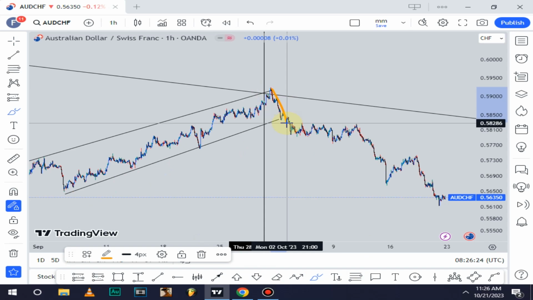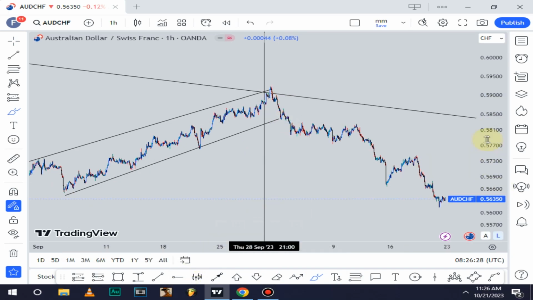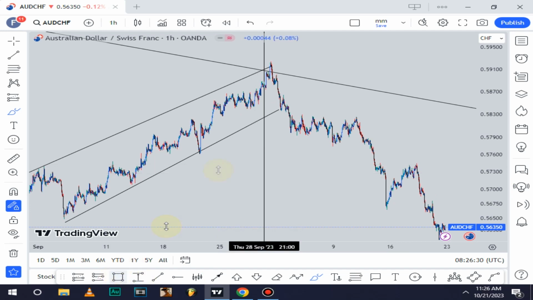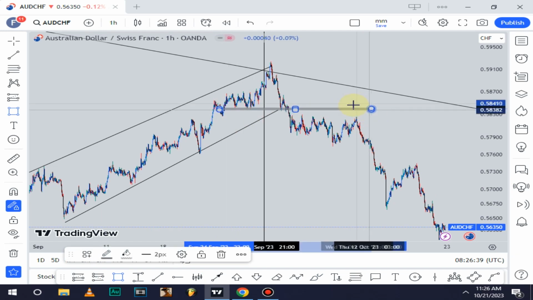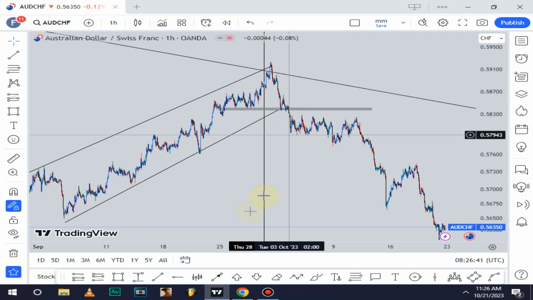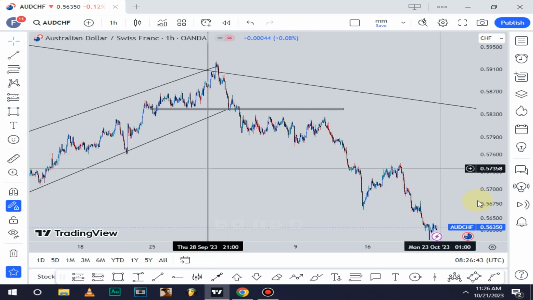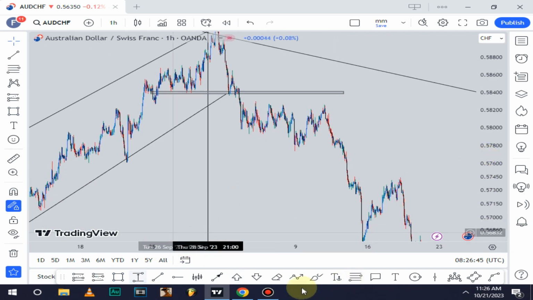Price did this. The moment I saw that happening, I started looking for my entry position, okay? Of course, I started anticipating a pullback, so I just had to identify this zone over here, just like this. This was the zone, okay? So now you can see price did break, then started playing out. The moment price started playing out just like that, I had to see what was happening, and we can see price did consolidate around this zone over here.